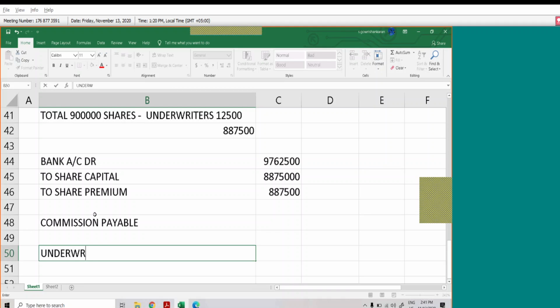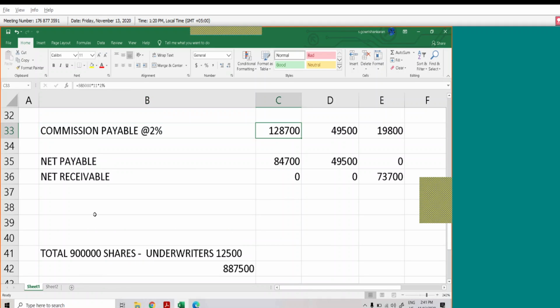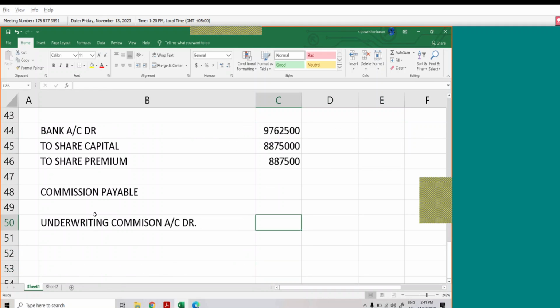Underwriting commission account debit. What is the total underwriting commission payable? Add all the things. 1,98,000.